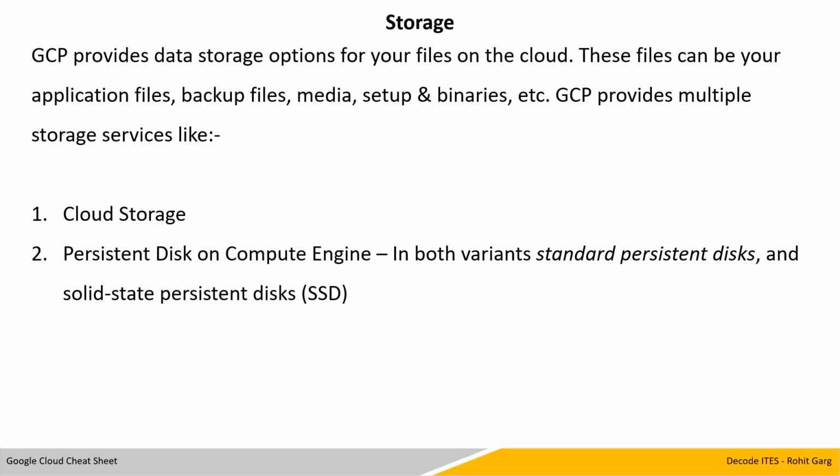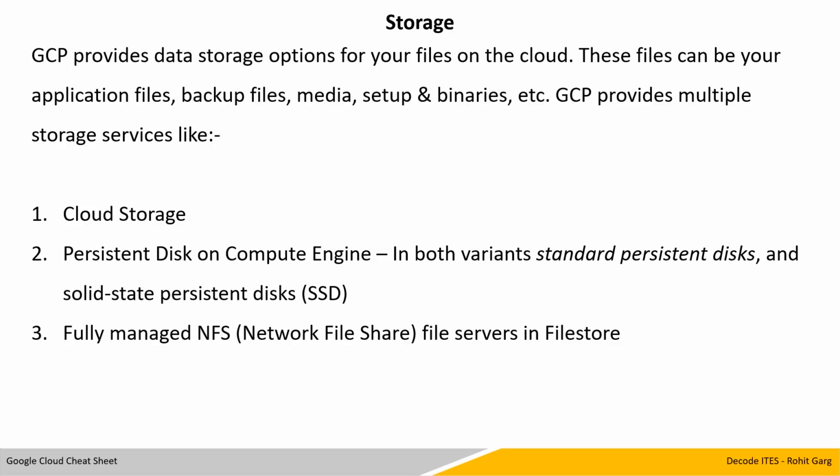For some highly transactional applications, we need SSD disk, so Google Cloud also provides SSD persistent disk, fully managed network share in Filestore, and local SSDs. Support of local SSDs ensures that you can deploy your mission critical and huge systems in the GCP environment which need local SSD for high performance.